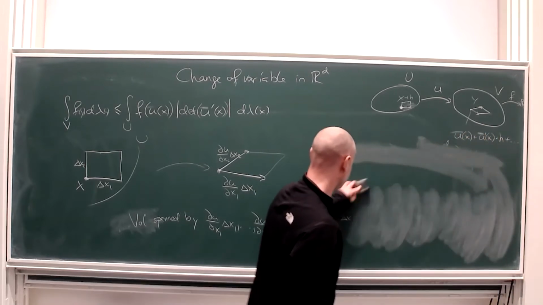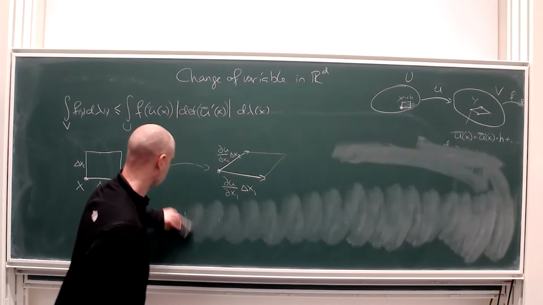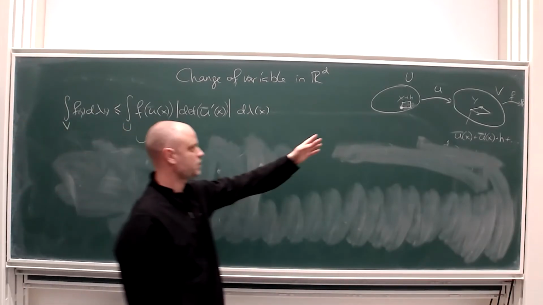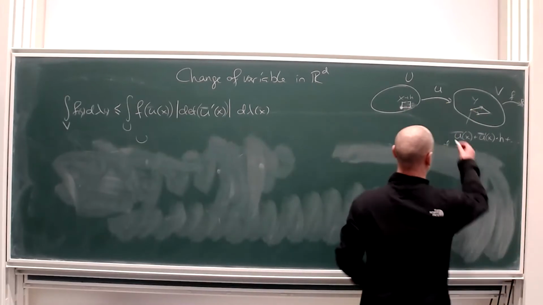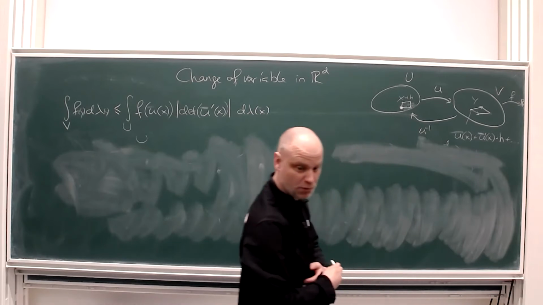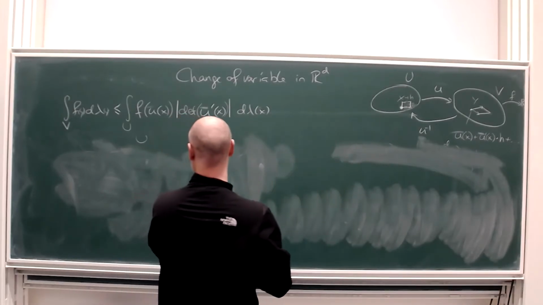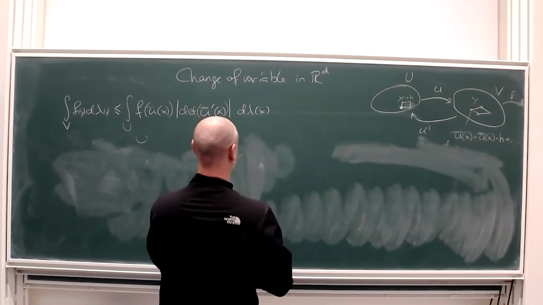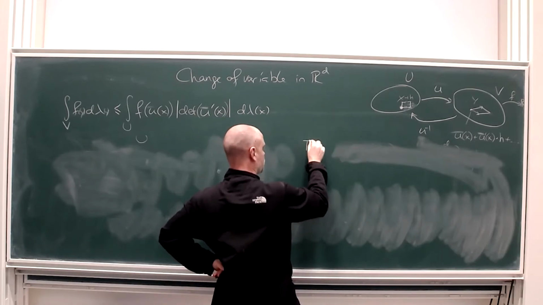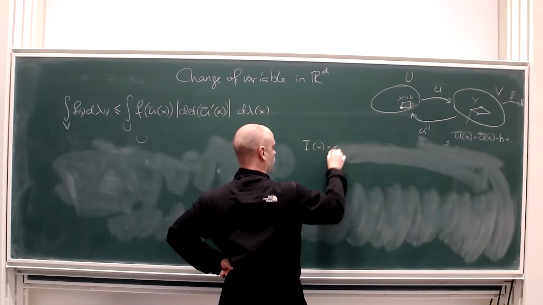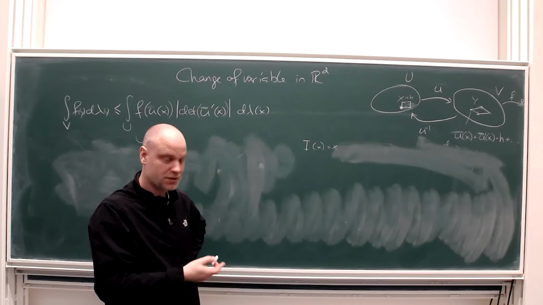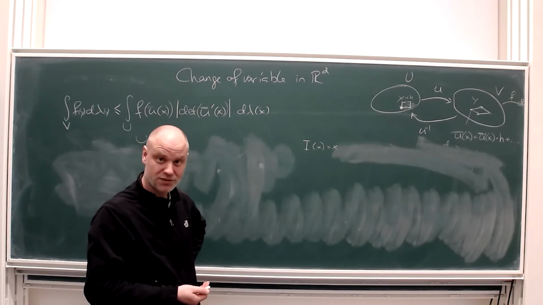So inequalities are easier to prove than equalities, right? Well, we're dealing here with bijections, yeah? So then there is another function going this way, which you can call u minus 1. And now you have to remember a bit about derivatives. So, you know, if you take the identity function, I of x equals x, then the derivative of that function is the identity matrix.